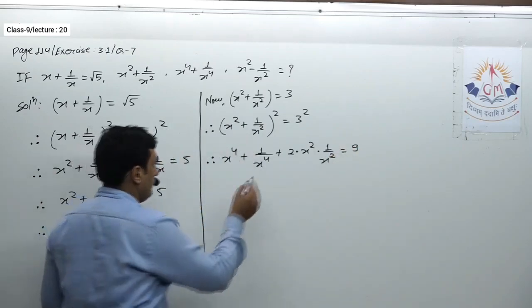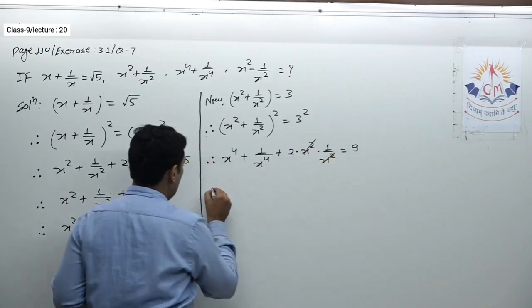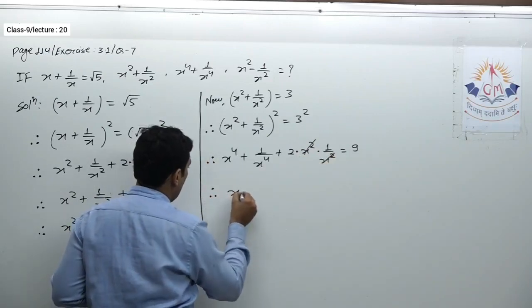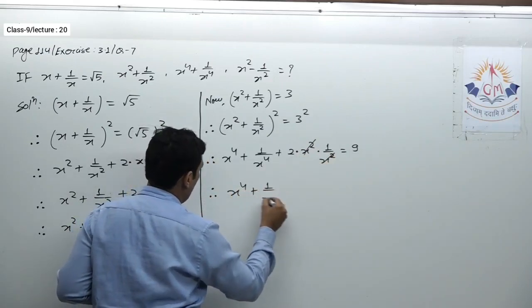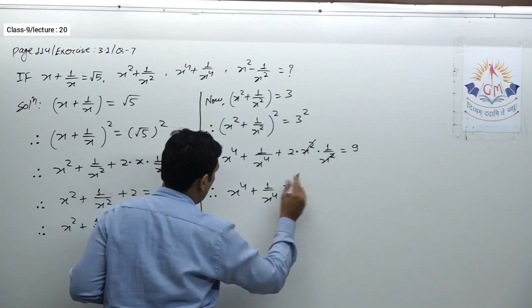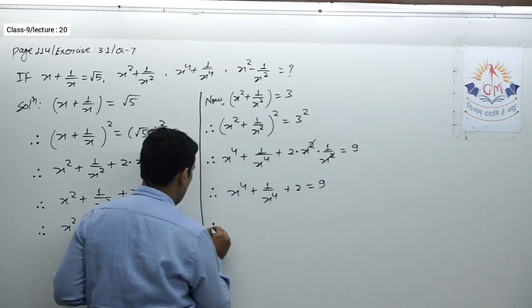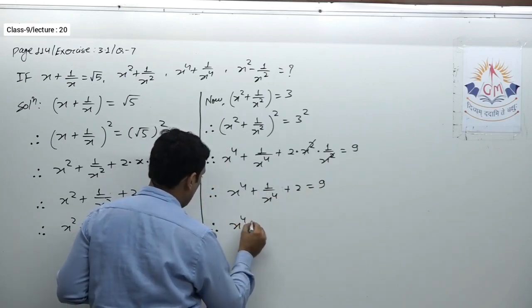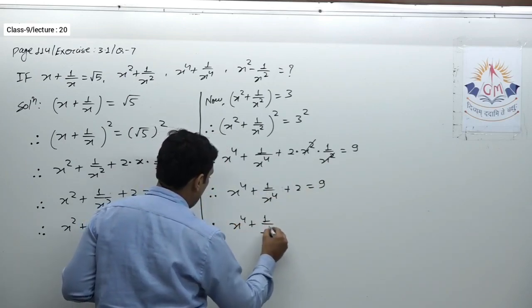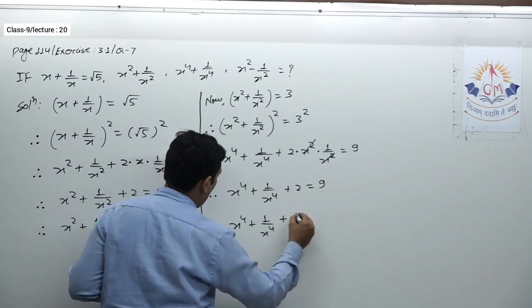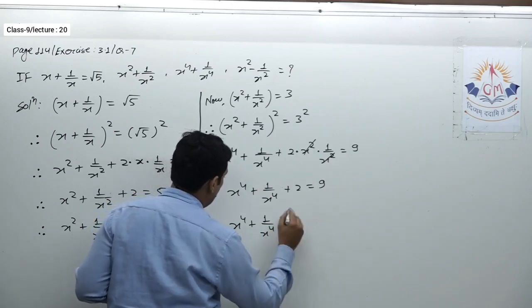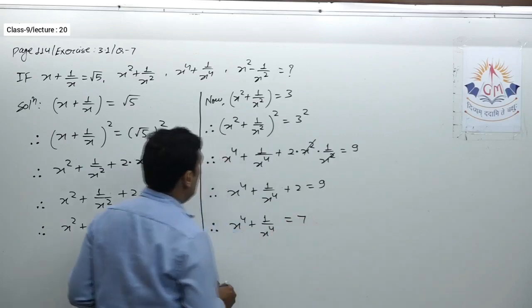Now this will cancel out. So here I do get x raised to 4 plus 1 upon x raised to 4 plus 2 is equal to 9. So ultimately x raised to 4 plus 1 upon x raised to 4 is equal to 7. 9 minus 2 equals 7.